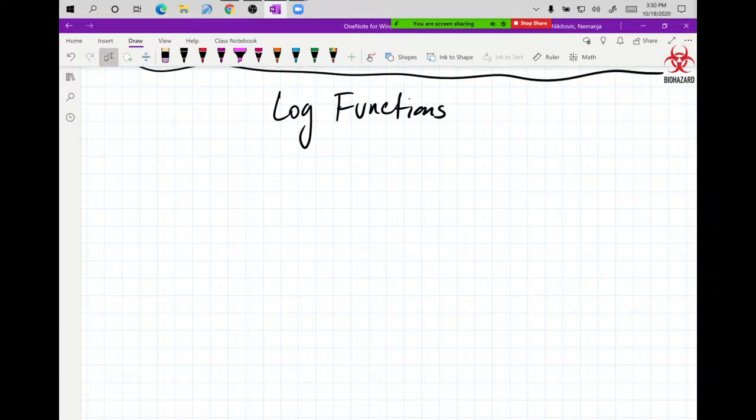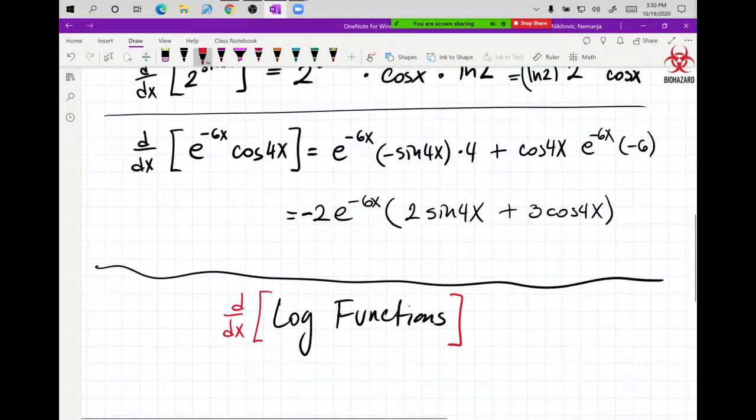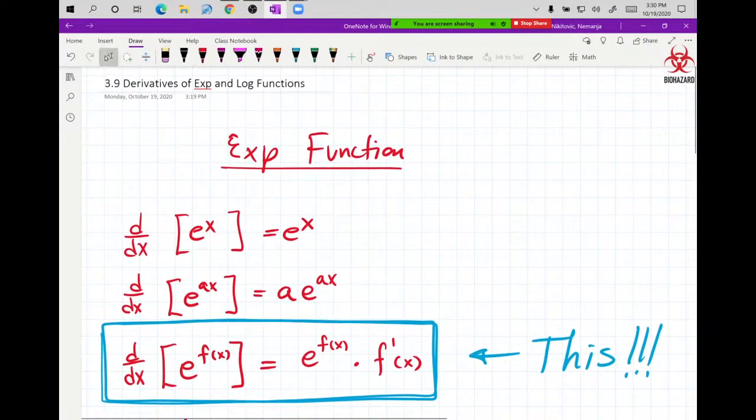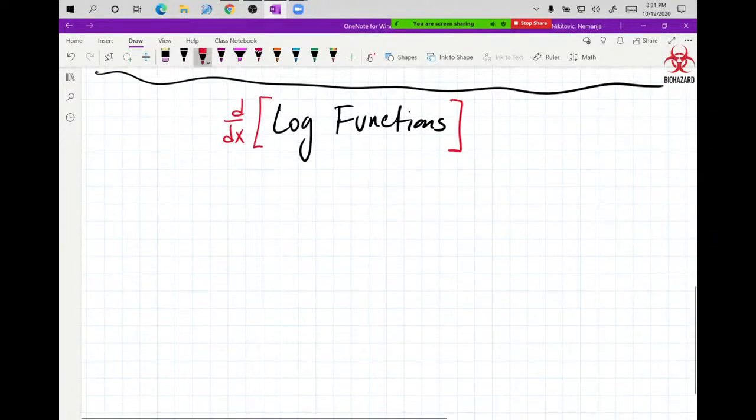Well, derivatives of log functions, d/dx, there we go. How about we put that in red as usual? Do I have to fix the exponential? Yeah. All right, fine. We took the derivative of that.